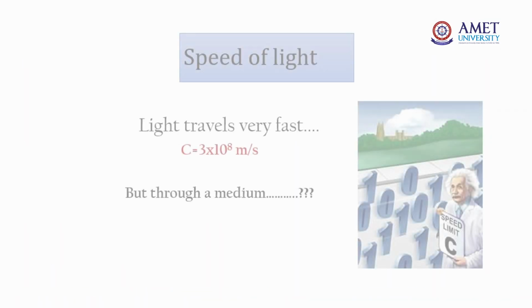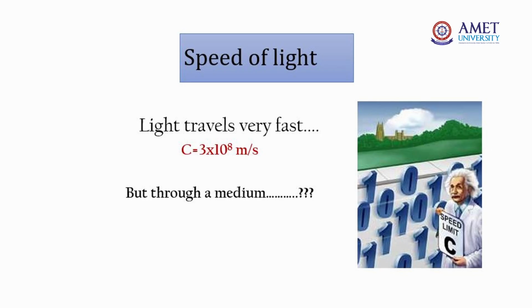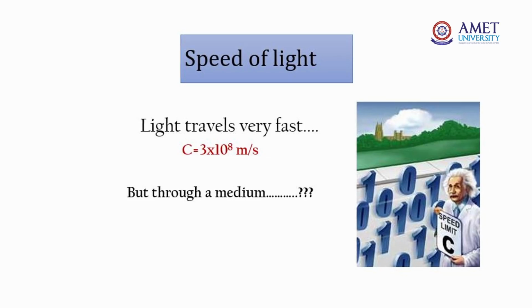Also, one of the most wonderful things that a photonic crystal can do is reduce the speed of light to a very small value, so small that you can almost walk with the light. Light travels very fast, around 3 × 10^8 meters per second. This is through vacuum.